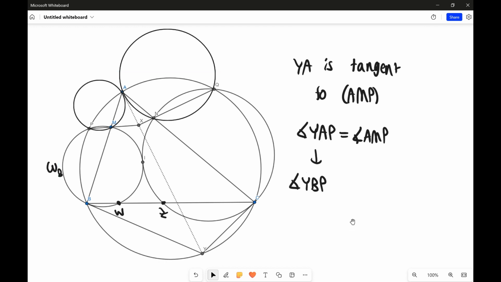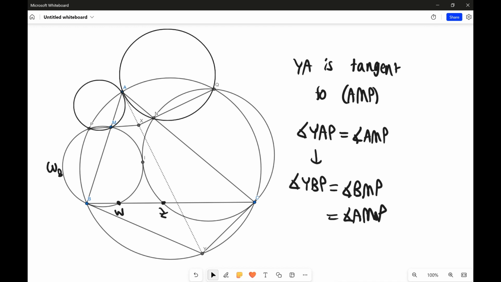But now YBP is equal to, because YB is tangent to omega B, directed angle BMP. But this is directed angle AMP, and we are done. We have shown that YA is tangent to the circumcircle of AMP, and by symmetry, it is tangent to the circumcircle of QNA.